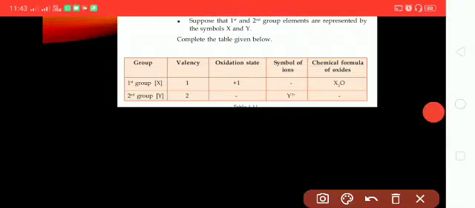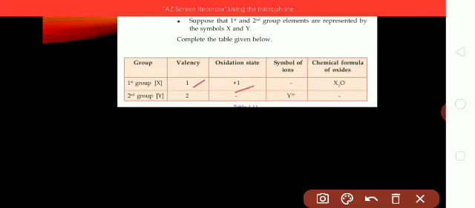Now, if we consider the first group element as X, since first group elements have one electron in their outermost subshell, they have a valency of 1 and their oxidation state is +1.